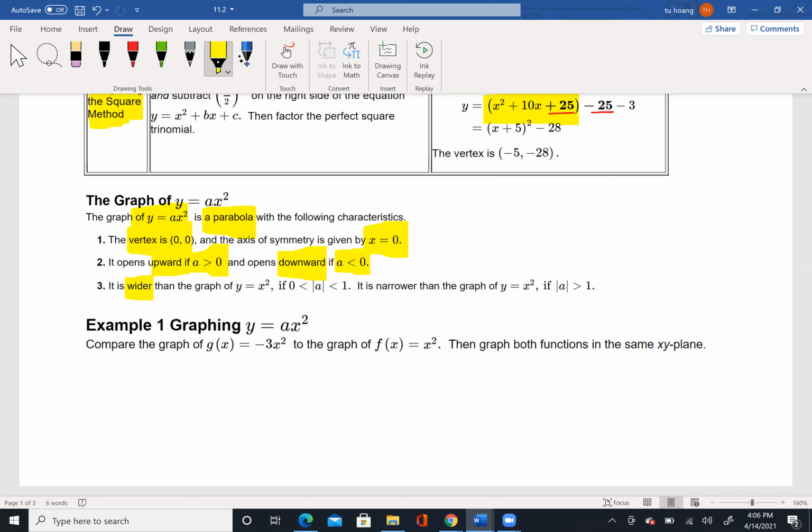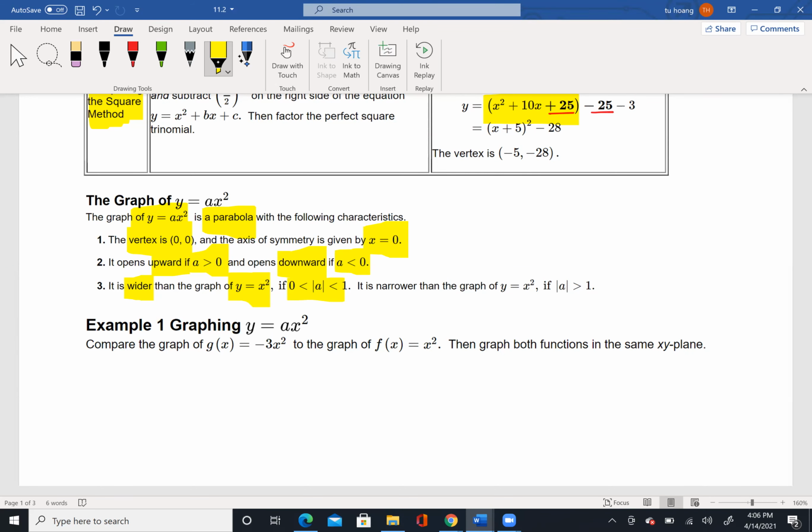It is wider than the graph of y equals x squared if the absolute value of a is between 0 and 1. So a could be between -1 and 0, or a between 0 and 1.